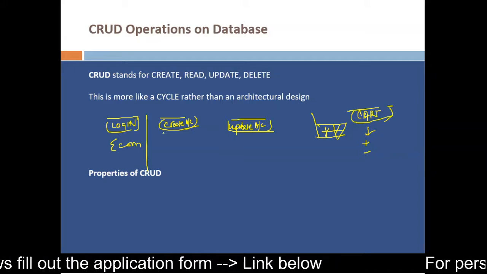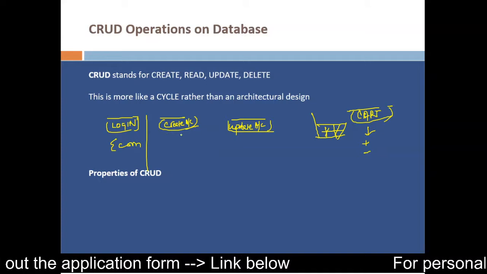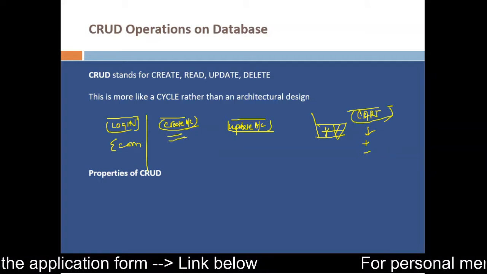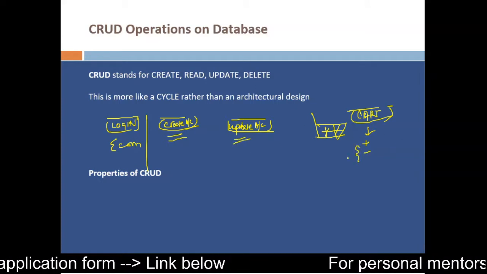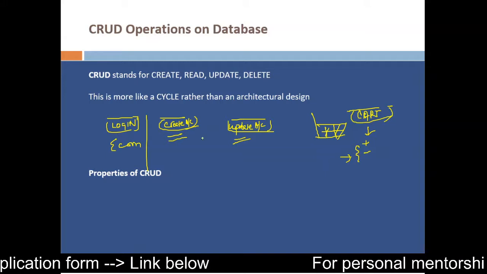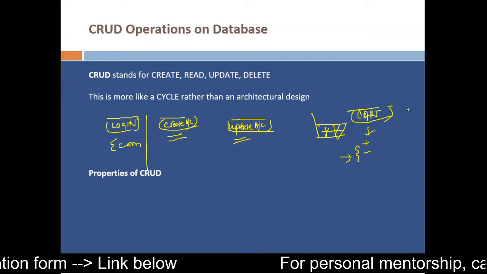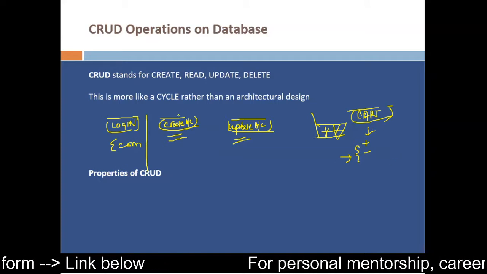So you can think of this as the operations on an e-commerce website. You are creating something here, you are updating something here, maybe you are having to delete some information from here. So this is the kind of cycle that is often applied in reality in the applications that we see mostly, right?